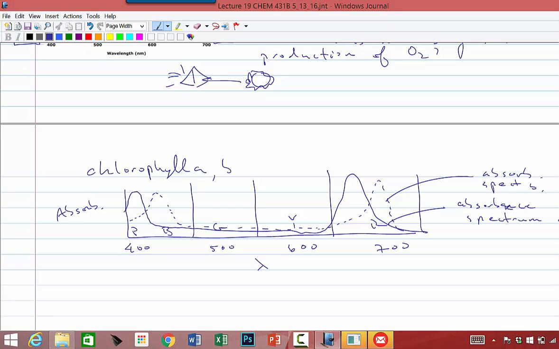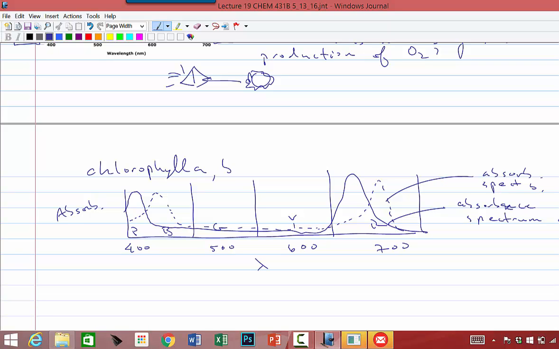NADP plus to NADPH. So 2 molecules of NADP plus get reduced to 2 molecules of NADPH. So if I have 2 molecules of NADP plus, how many hydride atoms can 2 molecules of NADP plus take?